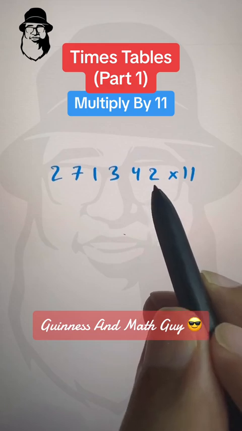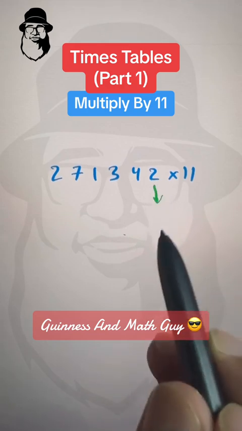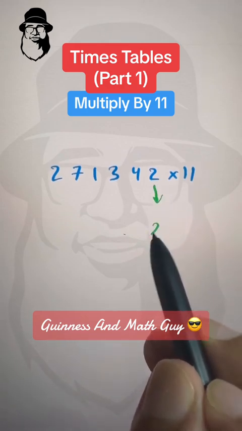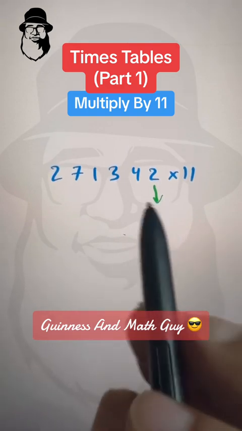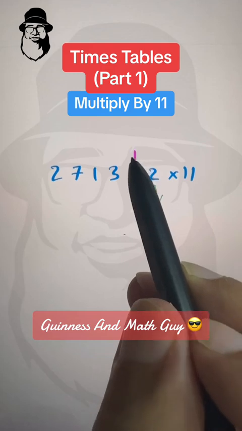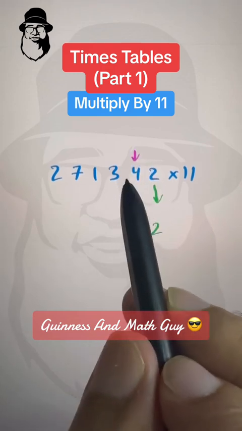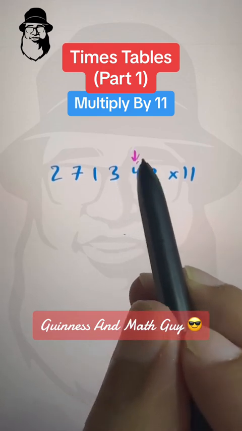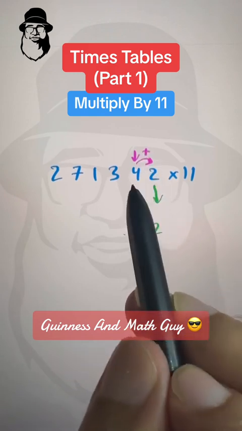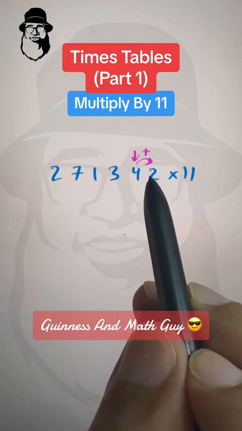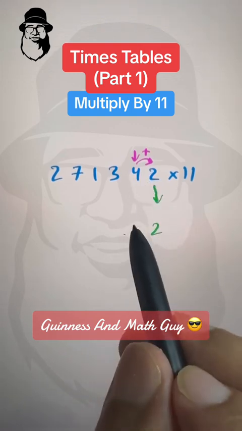Now, it doesn't matter how long the numbers are. Rule 1 is bring down the rightmost digit as it is. So we have 2 here in the answer. Then rule number 2 is we keep moving one digit at a time and add each digit to its neighbor. We are at 4, add its neighbor 2, 4 plus 2 is 6.